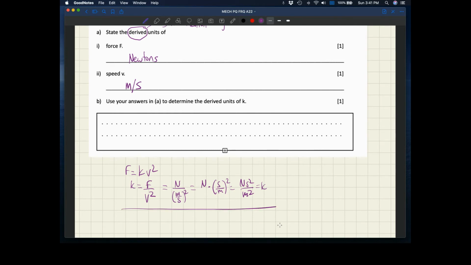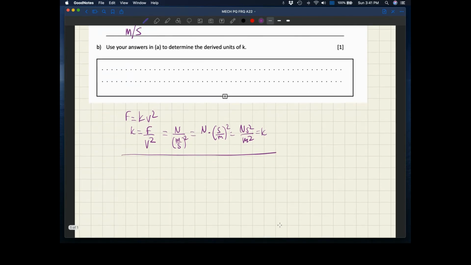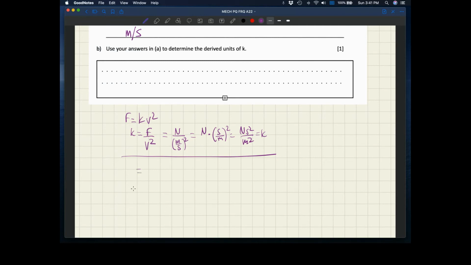Now, if we were going to do the fundamental units, it's a little trickier. The units of force, let me just do that in green, are kilogram meters per second squared. And that then is going to be over meters per second quantity squared.